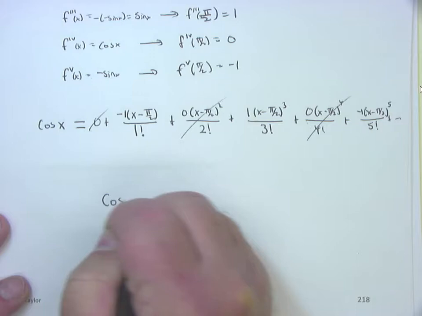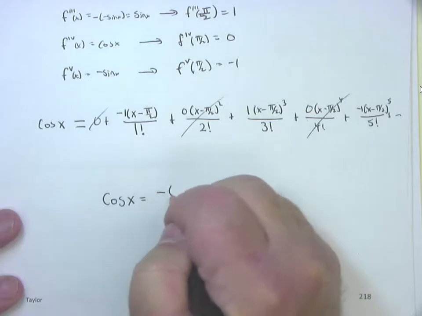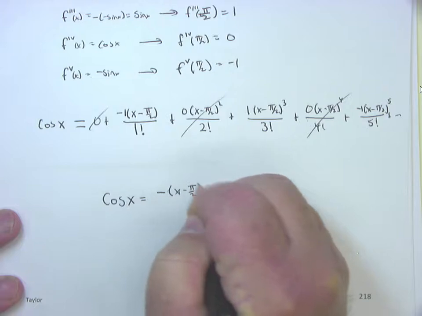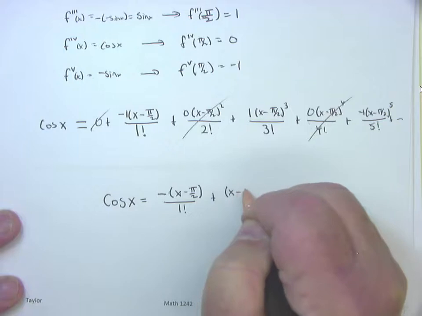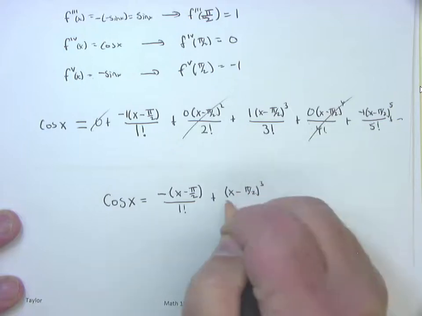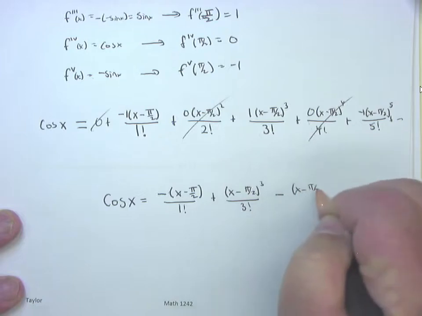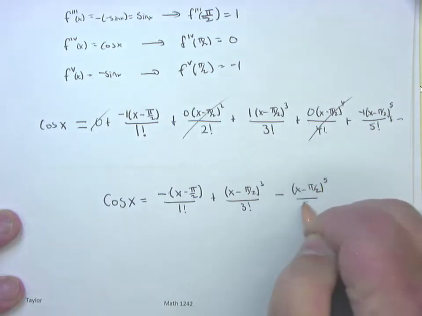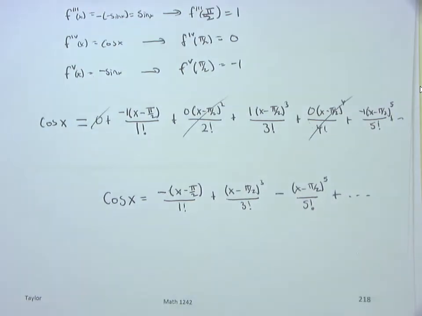So your Taylor series, also known as a Taylor polynomial, for this particular function, cosine of x, centered at pi halves is negative x minus pi halves over 1 factorial plus x minus pi halves cubed over 3 factorial minus x minus pi halves to the fifth over 5 factorial, and you can catch a pattern after that, plus ... And it goes on forever, so it's an infinite series.